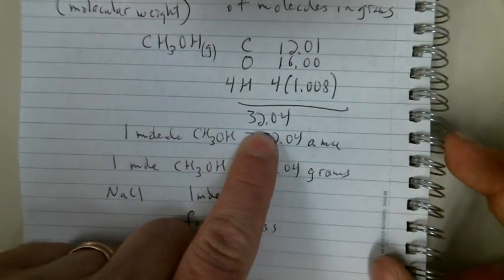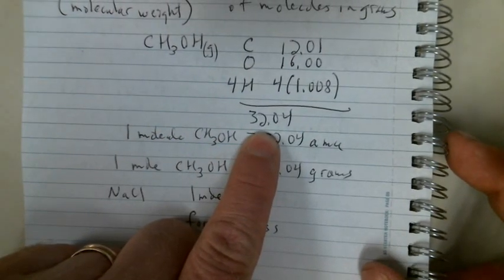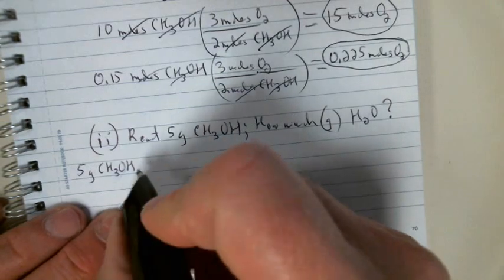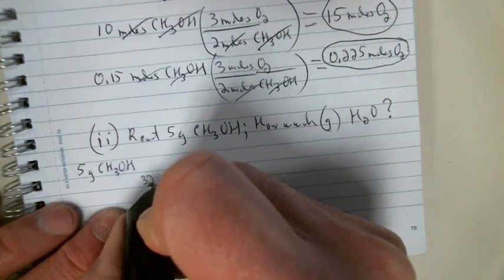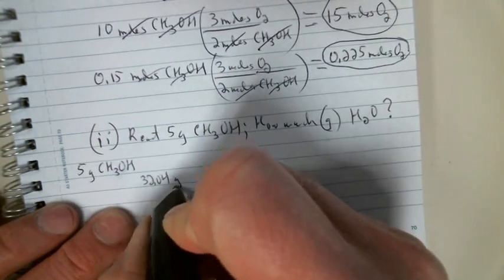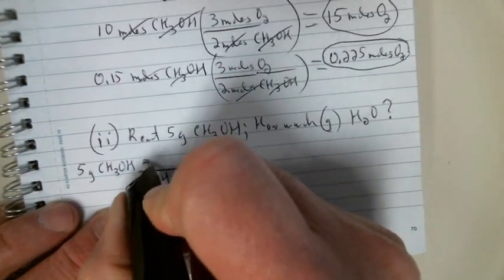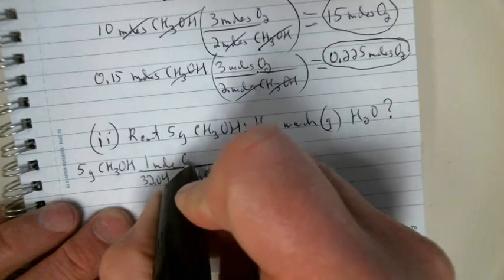So we had 32.04 grams of methanol is the same amount of stuff as 1 mole of methanol.